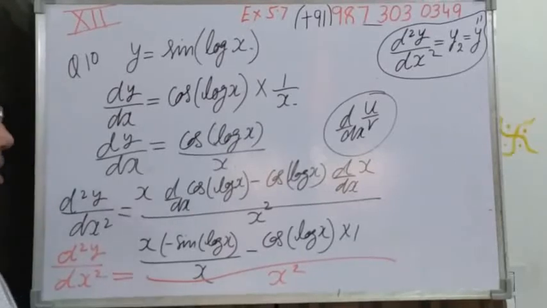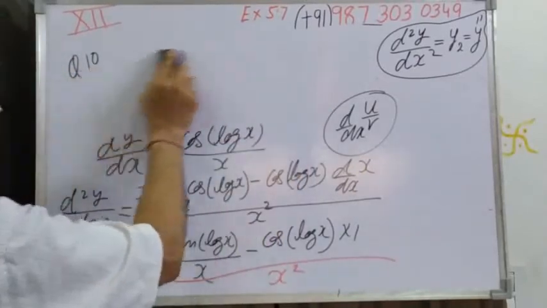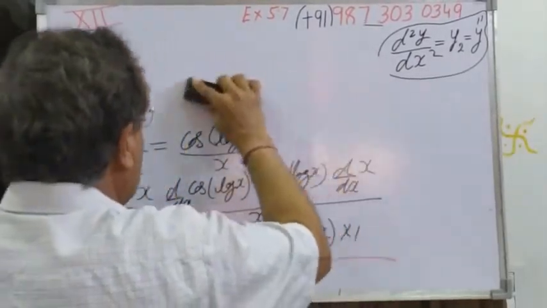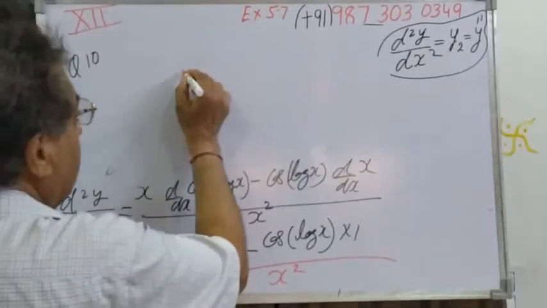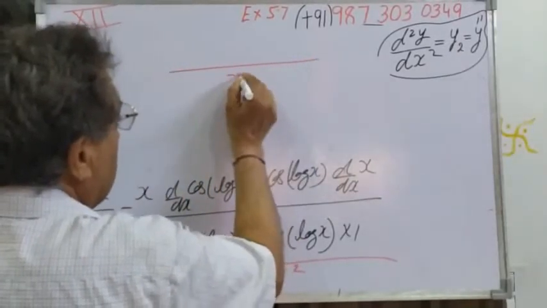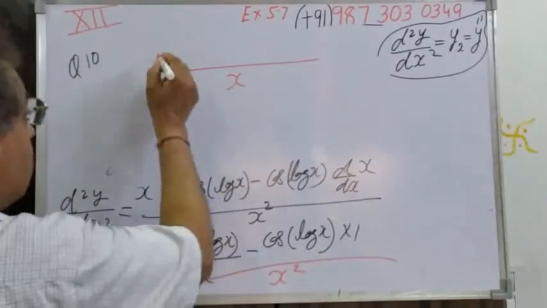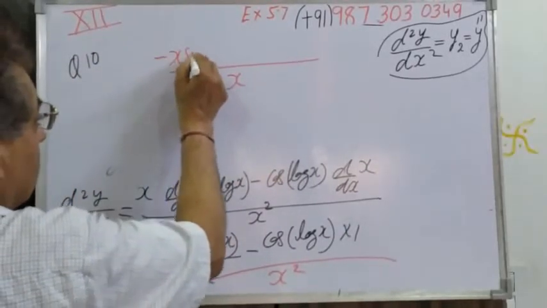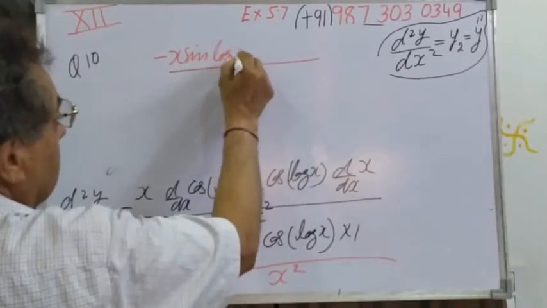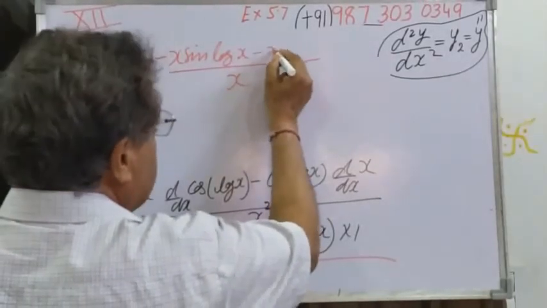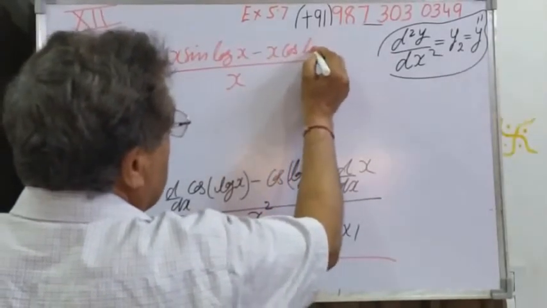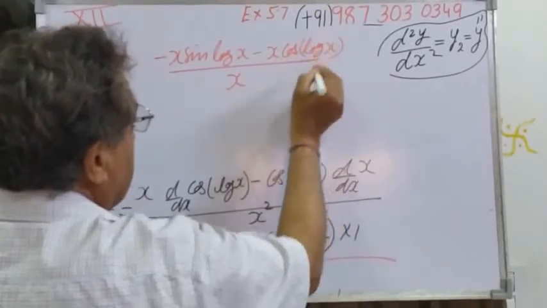As I take the LCM x in the numerator, it comes to be minus x sine of log x minus x cos of log x.